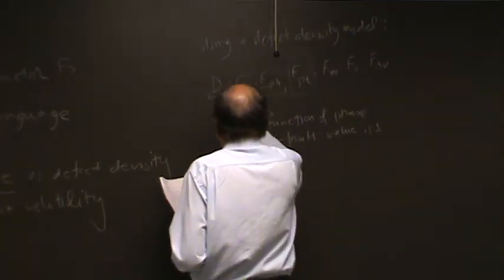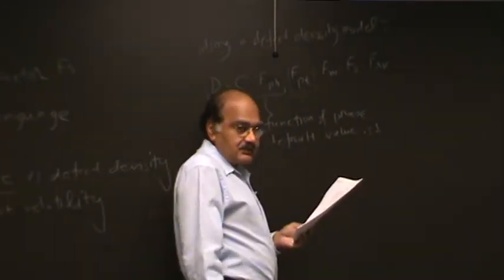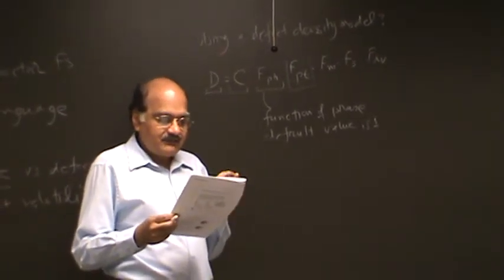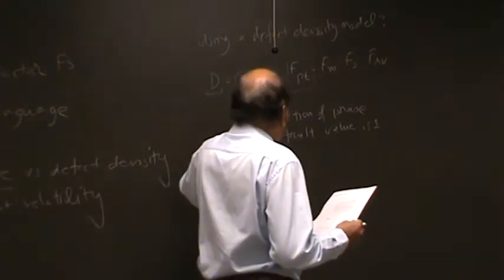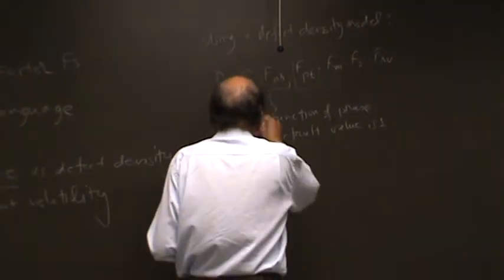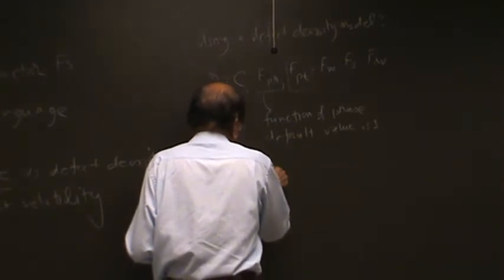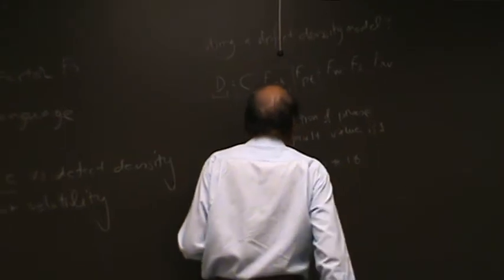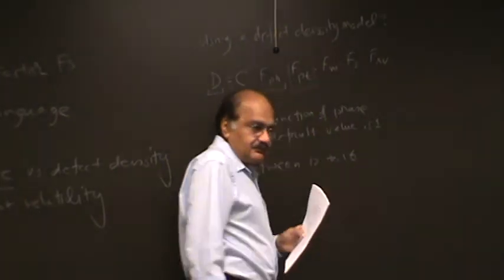Now what about C? Notice that for phase, I have assumed that we are considering defect density at the beginning of the system testing phase. So assuming that we are talking about the beginning of the system testing phase, C could be in the range of between 12 to 16, based on the data given by Musa.